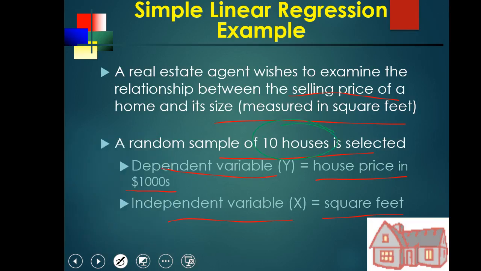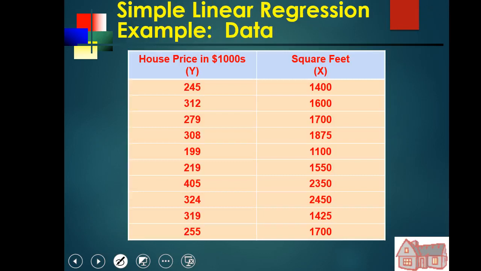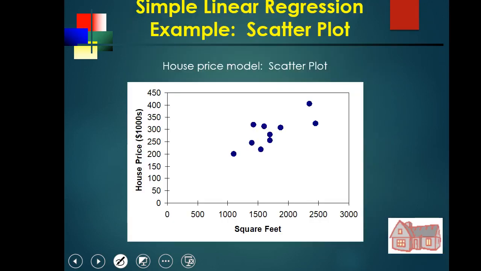We consider our dependent variable y to be the house price in $1,000, and the area in square feet as the independent variable. To determine a relationship between them, we need data of 10 houses. So if we are given data of 10 houses, with y representing the house price and x representing the square feet or area, we can first develop a scatter plot.